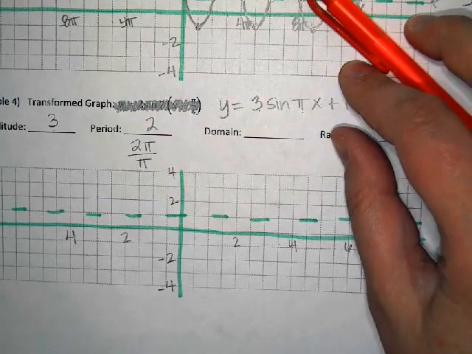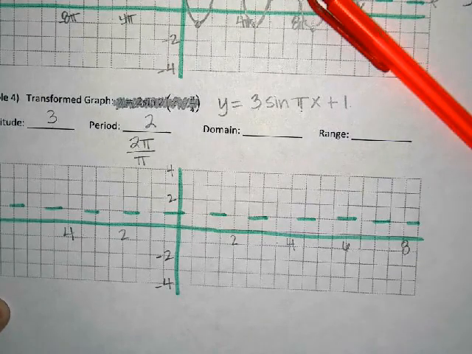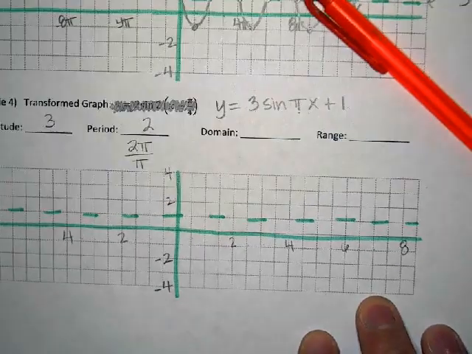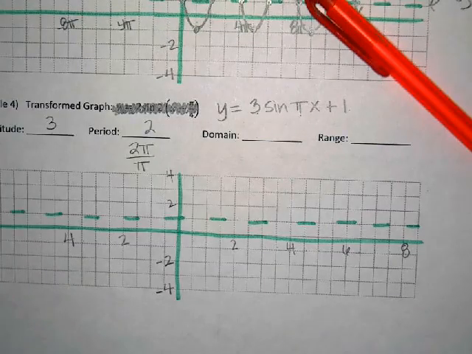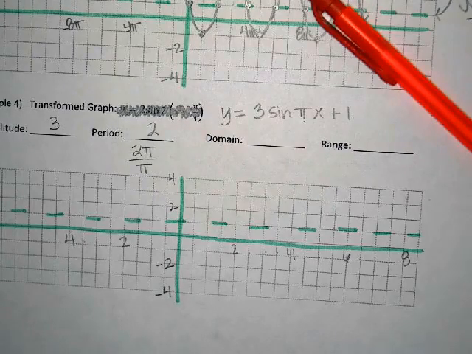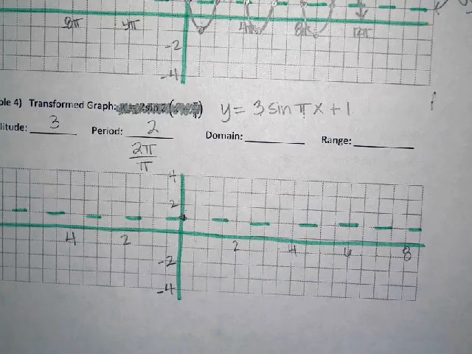Okay, what do I do from here? So I start at 0, end at 2. What else do I do? Put a dot in the middle, okay.